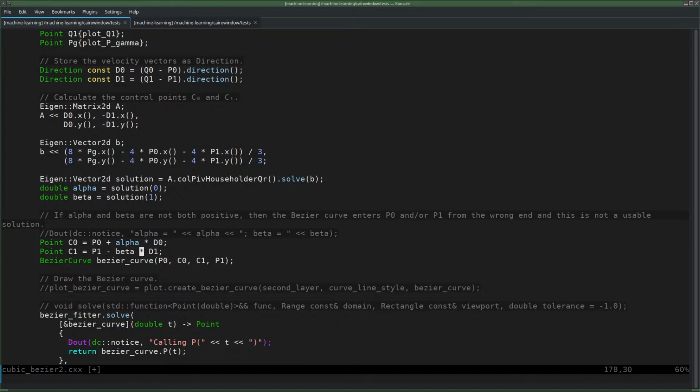And the control points are using D0 and D1, which are direction vectors at t is 0 and t is 1.